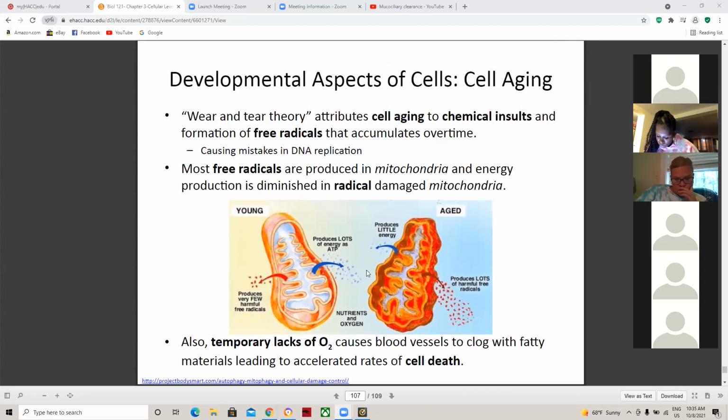The wear and tear theory is often attributed to cell aging due to chemical insults and the formation of free radicals. You remember we've talked about how free radicals are neutralized by peroxisomes. Well, they can still accumulate over time, and the result is mistakes in DNA replication.